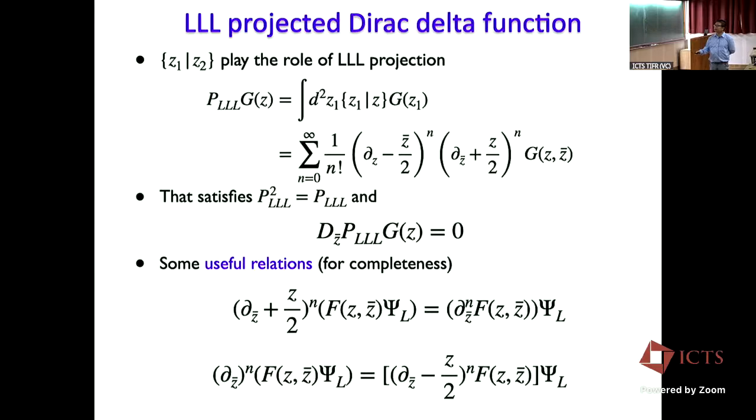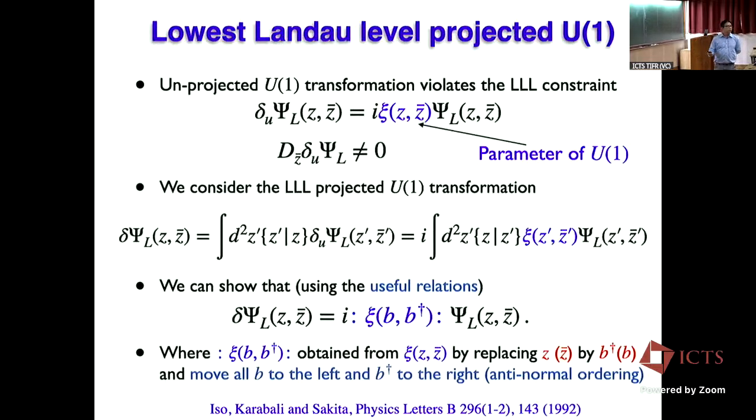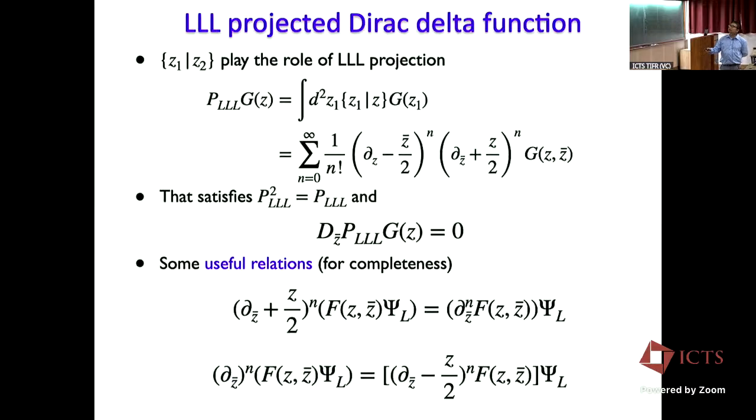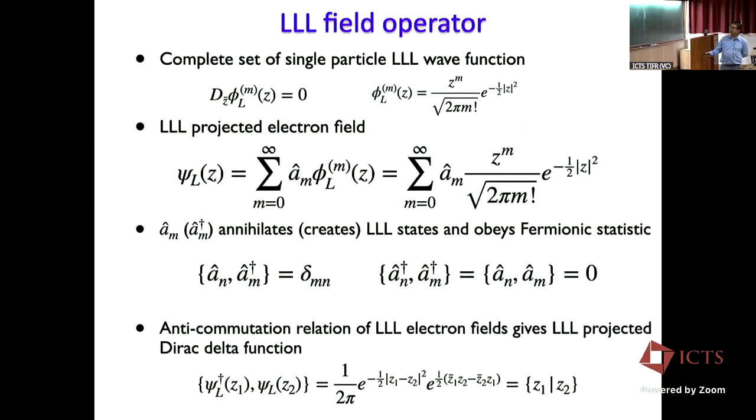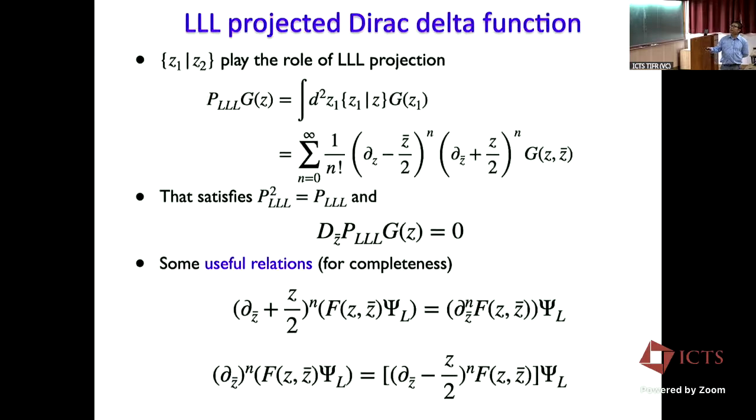So here I have some useful relations, to be complete. We will use them later, but we don't need to remember them. So you use this lowest Landau level delta function as the lowest Landau level projector.